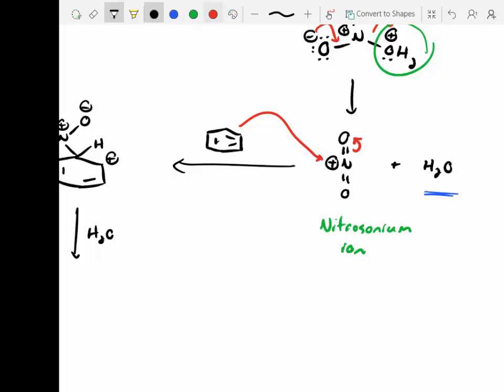Why is water better? Sulfuric acid's a super strong acid, which means its conjugate base is incredibly stable, where water can act as a weak acid or a weak base. So when we do this, we reform our aromatic ring, and we get our nitro group installed.